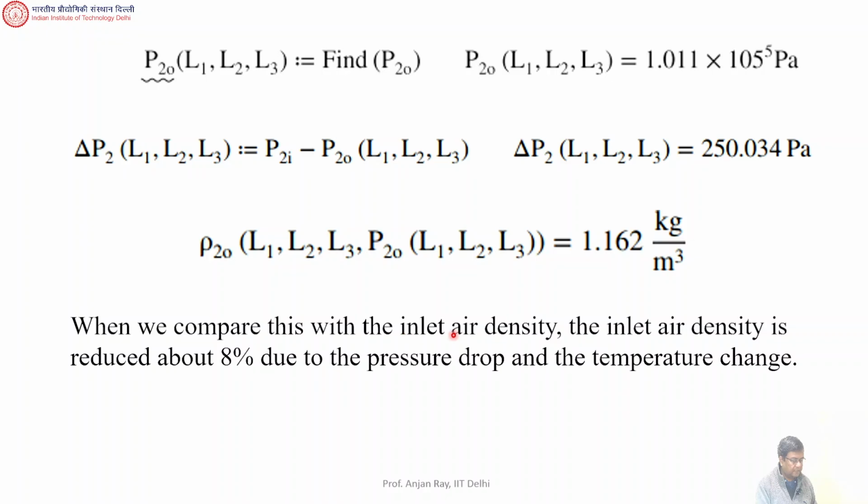And then to do all this, we need some density calculations also. Ultimately, we get delta P2 as 250 Pascal. So again, the design that he has chosen seems to give you what is wanted in the problem, but he must have done some iterations, and he's presenting the final results here.